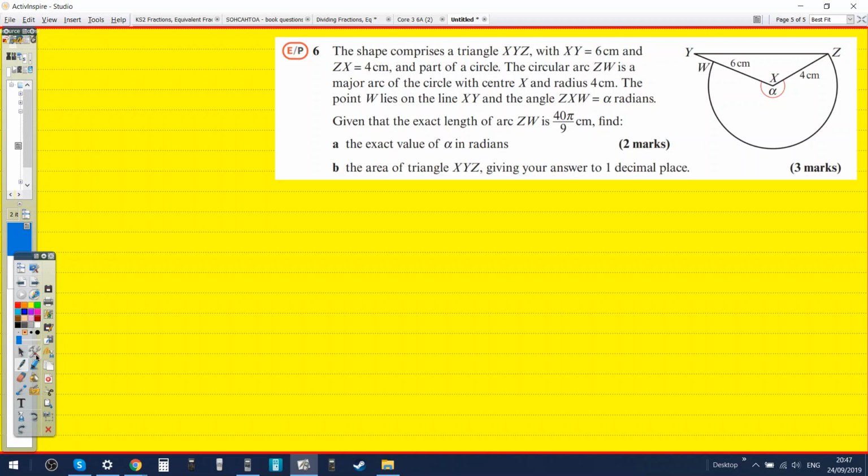The arc length is 40 pi over 9, the radius is 4, multiply it by theta, so as a result theta is 40 pi over 9 all over 4.